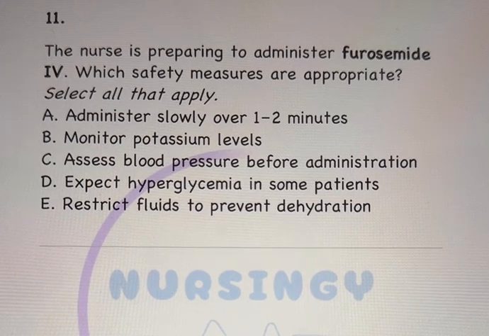Okay. Do we need to worry about A? Is it a safety measure? Administer slowly over 1 to 2 minutes. What is the recommended rate for furosemide?